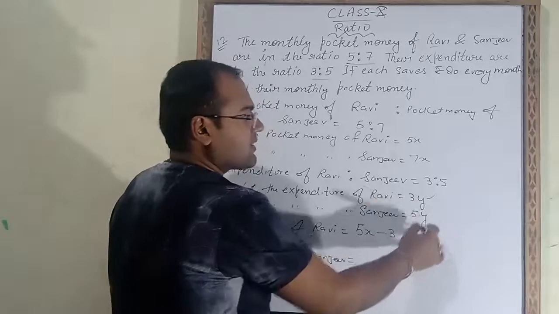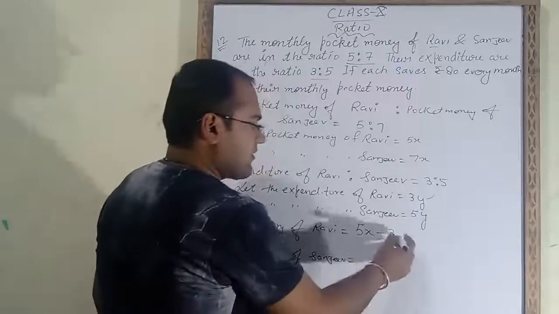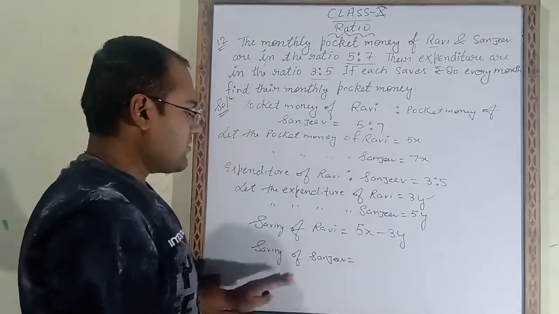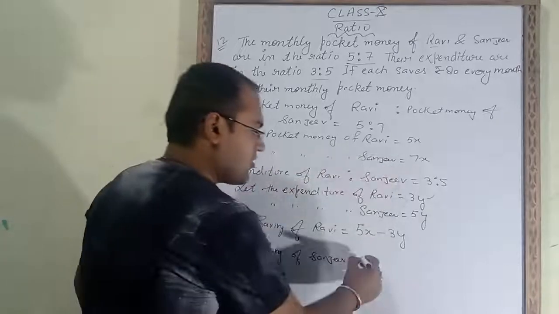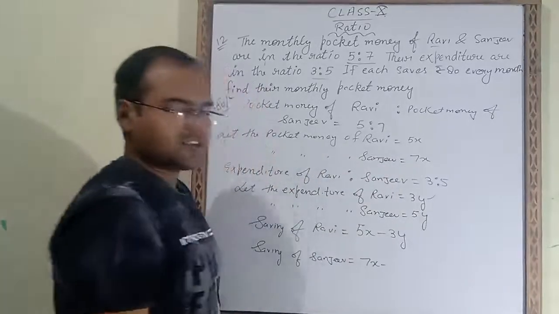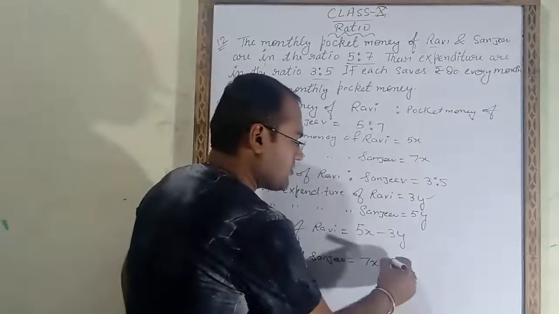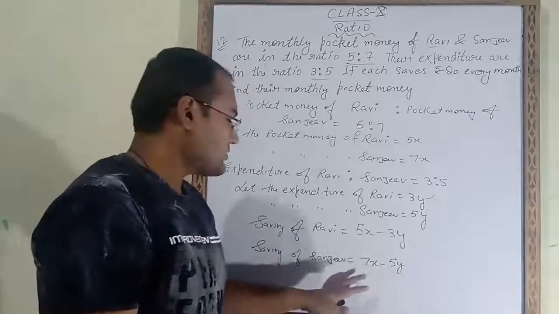Sorry, here we had assumed x alphabet, here we will take y alphabet. So 5x minus 3y. Similarly, we will find the saving of Sanjeev also. Pocket money of Sanjeev is 7x. Out of this pocket money, he had spent how much rupees? Expenditure of Sanjeev is 5y. So we will subtract 5y. So this is the saving of Sanjeev.